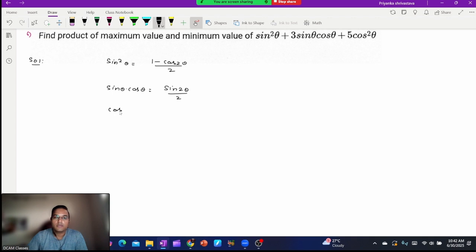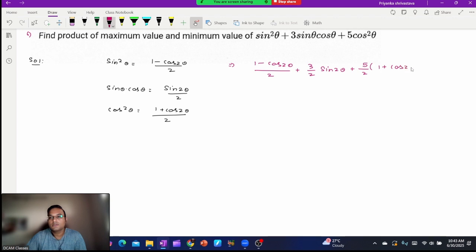And cos square theta as 1 plus cos 2 theta by 2. So this expression that is given to us will become 1 minus cos 2 theta by 2 plus 3 by 2 sine 2 theta plus 5 by 2 into 1 plus cos 2 theta.